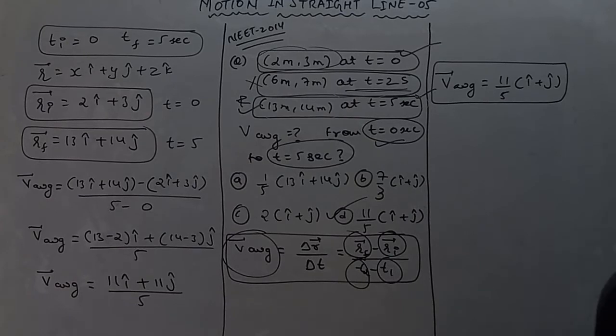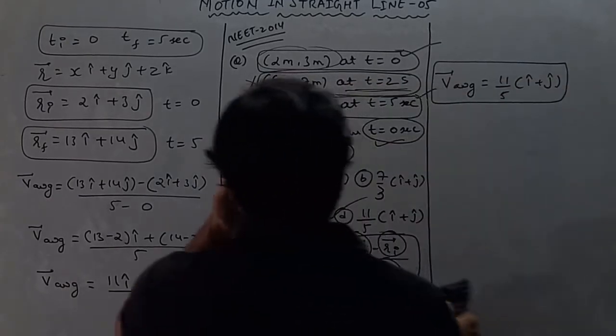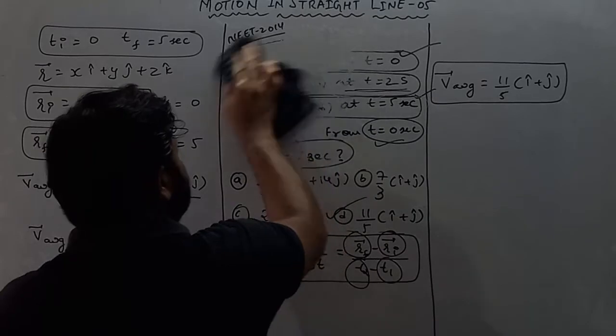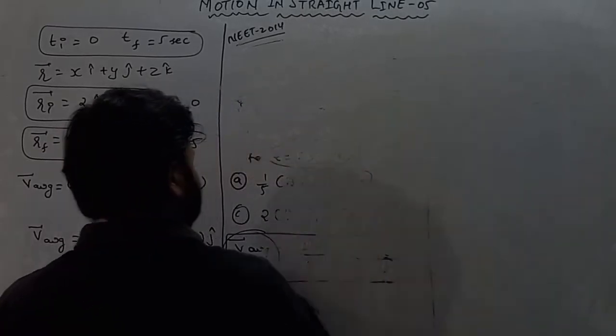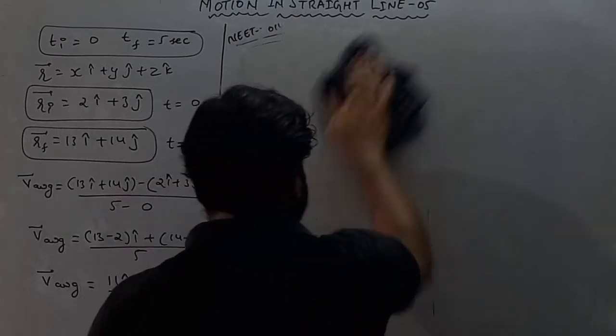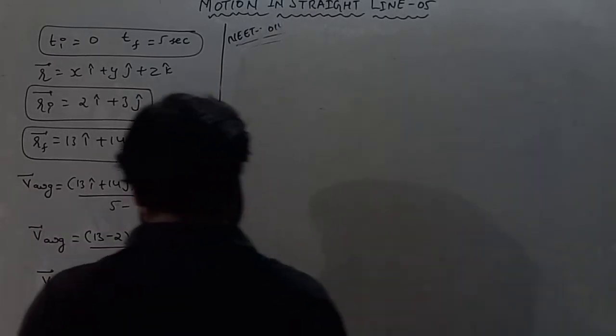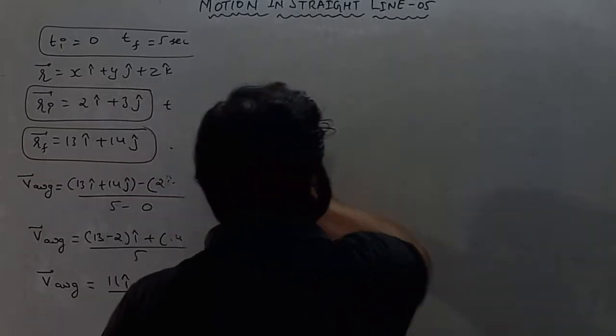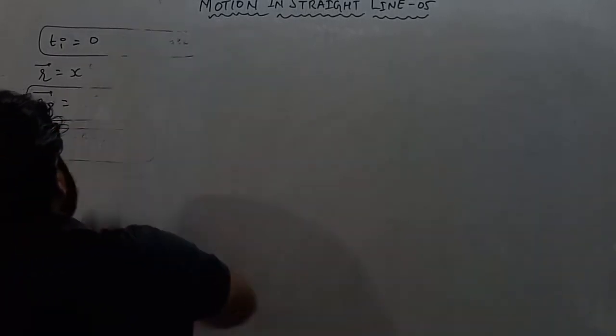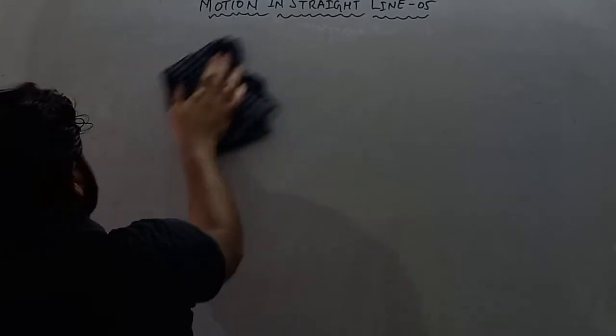A particle has initial velocity 2 i cap plus 3 j cap and acceleration 0.3 i cap plus 0.2 j cap.